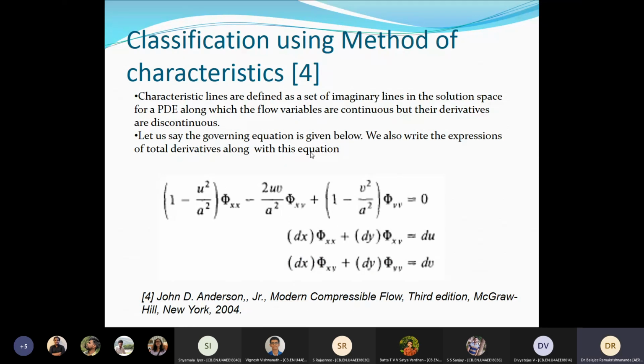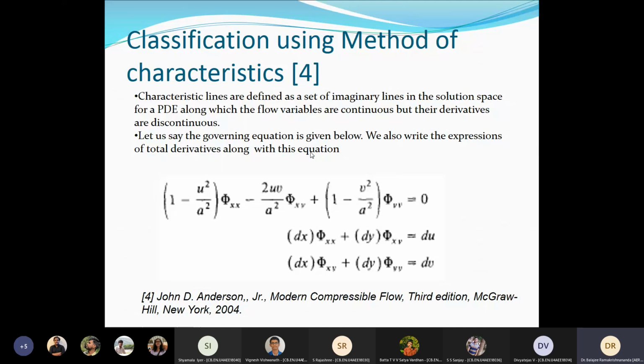Now we are defining the characteristic lines, a set of imaginary lines in solution space for a PDE. Along this line, flow variables are continuous, but the derivatives are discontinuous. If you want me to be more specific, I will say the derivatives are allowed to be discontinuous.